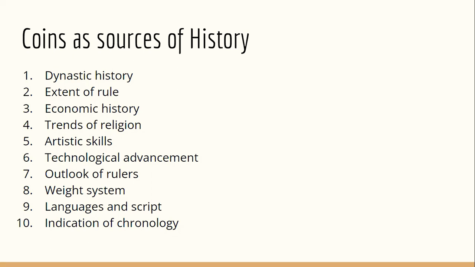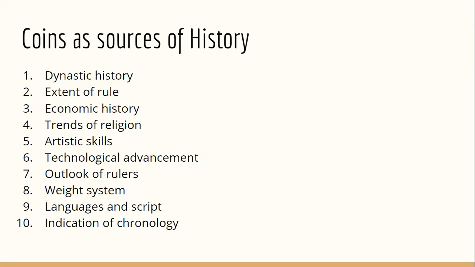All this is representative of a religious tolerance attitude or a secular approach of the Kushan kings. Like in the Gupta period, mainly we find Hindu deities being depicted, so that highlights the revivalism of Hinduism. So trends of religion can also be known from the coins.